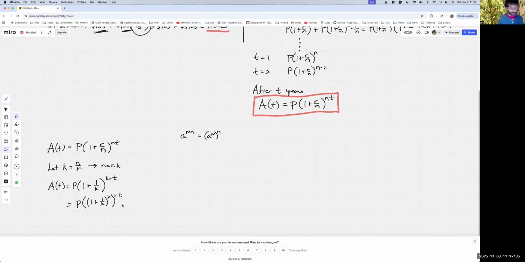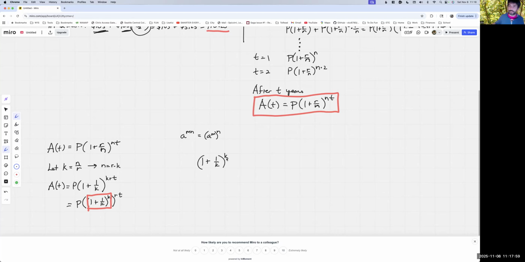Now, the reason we did this is because I want to look at this term in here, (1 plus 1 over k) to the k. I want to think about what happens now. Remember, n was compounding interest.